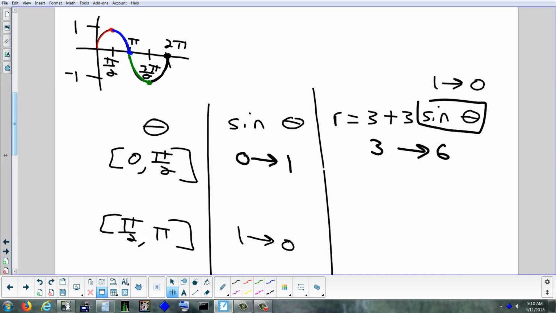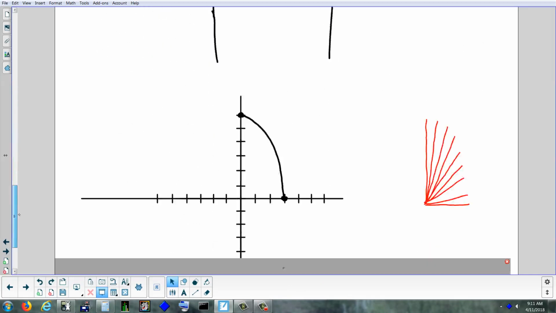So now take that result, triple it, and add 3, and that'll tell you what's happening to the radius. So what's going to happen to the radius of our graph in the section from pi over 2 to pi? Yep. From 6 to 3. It's going to go from 6 back to 3. And it's basically like a mirror image, okay? Because sine is symmetrical, so is our graph.